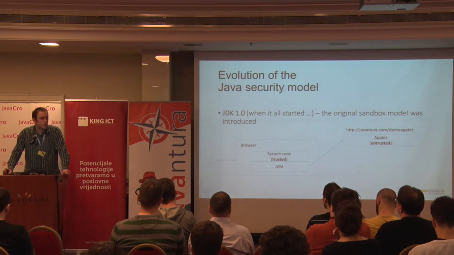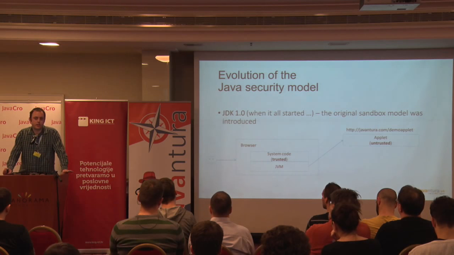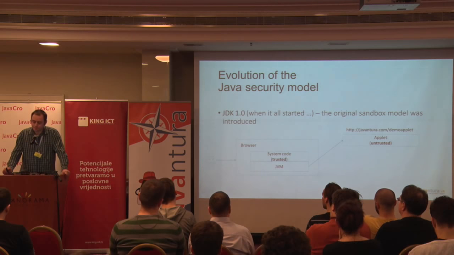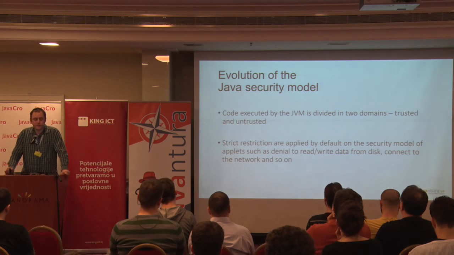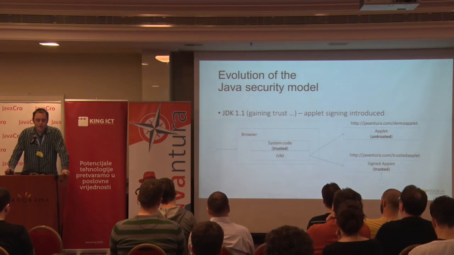And Java applets were treated as untrusted, meaning that strict permissions were applying to what they can do on a target machine. Code was divided in 2 domains, trusted and untrusted. Trusted was only the JVM source code, and untrusted was the one from applets. However, this was really not a very flexible model.